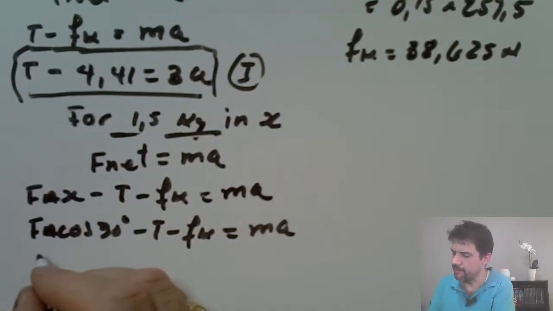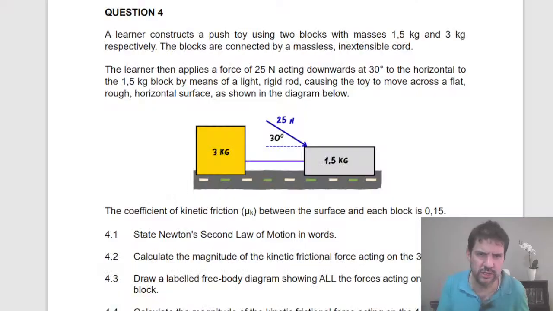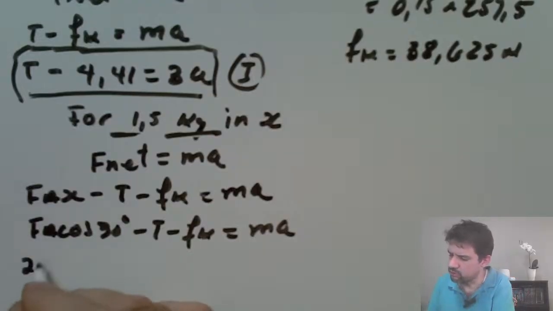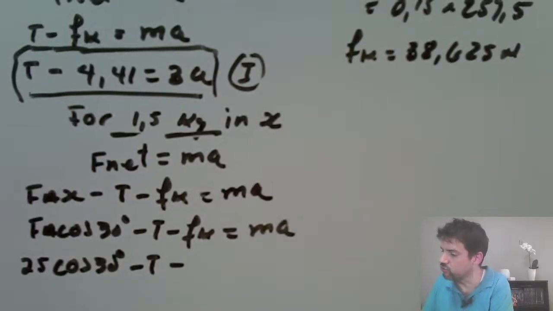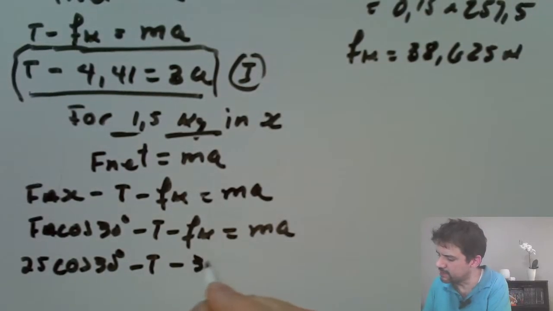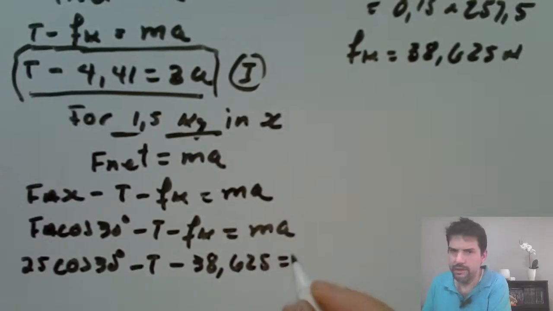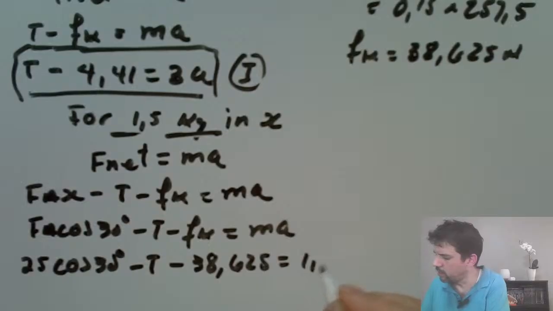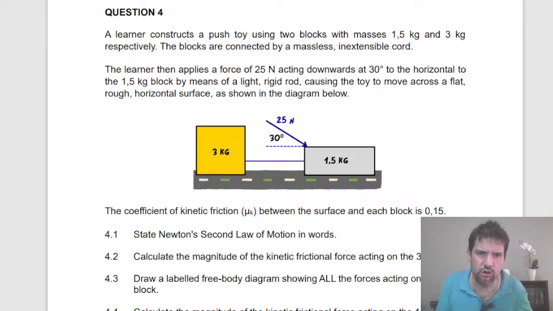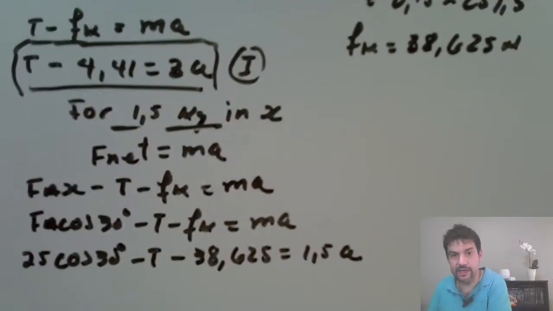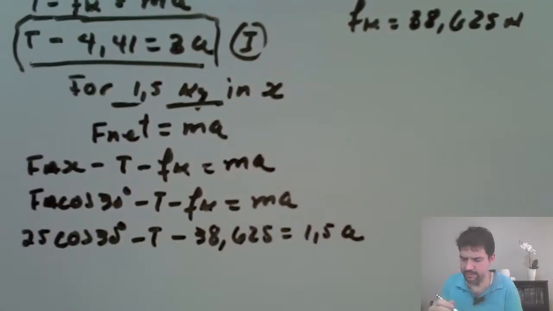So here, the applied force, I forgot, is 25 multiplied by cos of 30 degrees minus T minus the kinetic friction is 38,625 equal to 1,5a because the value of the mass is 1,5. This one is just calculation. Let me just calculate what I can here.